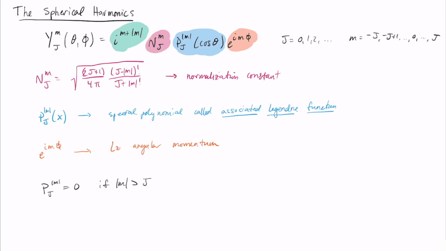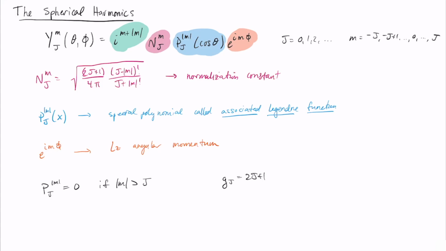So the m must be an integer, j must be an integer, and this is a reflection of the fact that the absolute value of m must be less than or equal to j. Or in other words, allowed values of m go from minus j to 0 up to j. And if you add up all these different allowed values, this is what tells you that the degeneracy of your j values is equal to 2j plus 1.